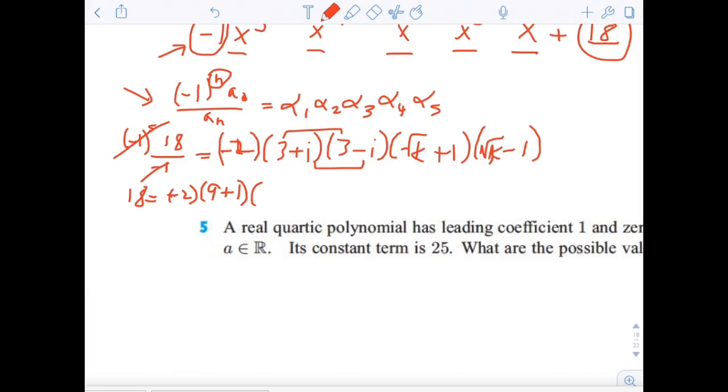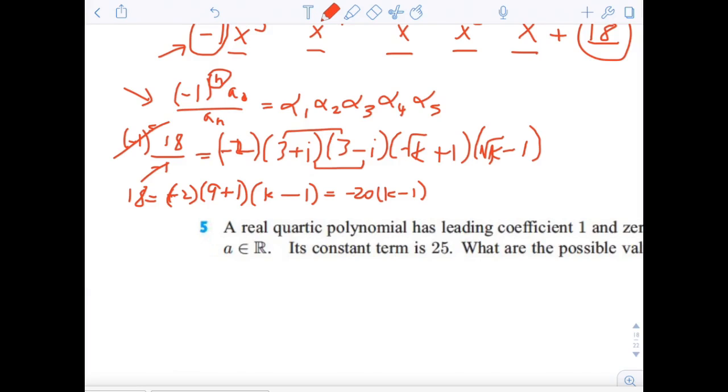That will be equal to k minus 1. So that would be -2 times 10, which is -20, times k minus 1.